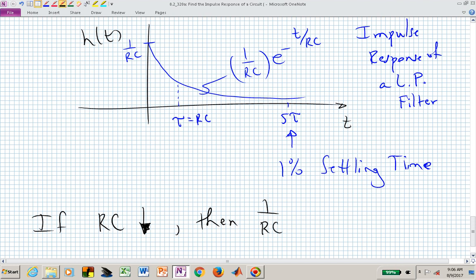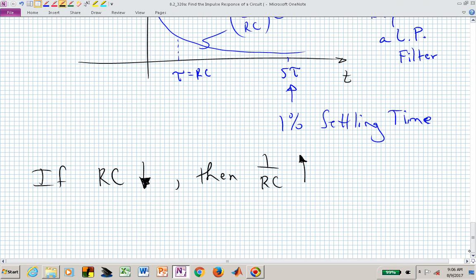That's not a very challenging question. It's now going to go opposite to what RC did. So now 1 over RC is going high, or going very big, and as we make RC small, 1 over RC gets big. Or another way of thinking of this, if RC gets small, then the pass band of the low pass filter actually gets broader or wider.